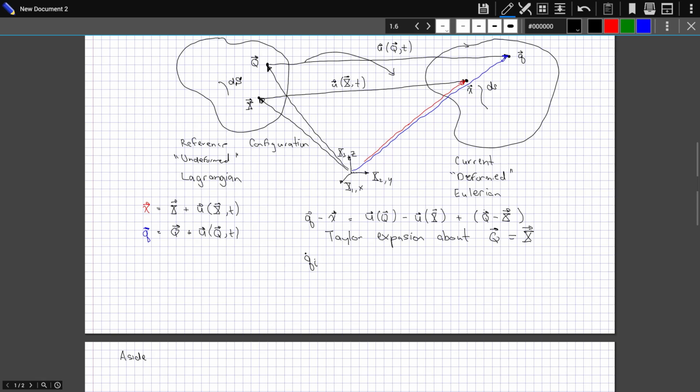When I do the Taylor series expansion, Qi minus Xi, then I get Qi minus Xi, big Xi, plus partial Ui partial big Xj, times Qj minus Xj.